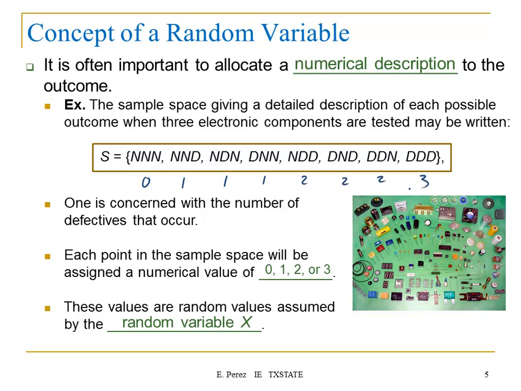There you go. That's your random variable. The random variable is going to have 4 values: 0, 1, 2, and 3. And each outcome is going to have a different probability. Can anyone tell me the probability of having a 2?